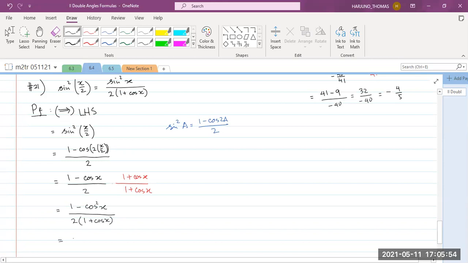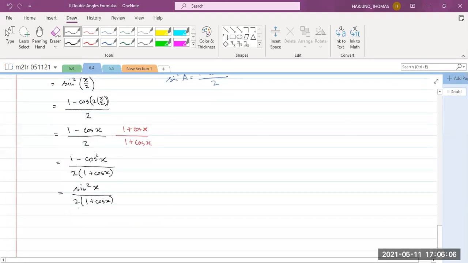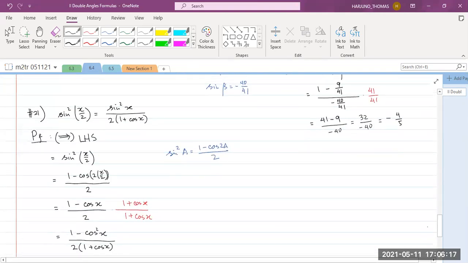But on the top, that is sine squared x, which is our right-hand side. That's the end of the proof. And I use this actually here.